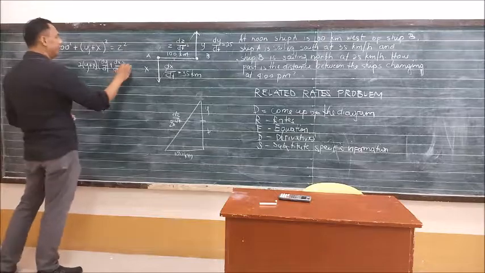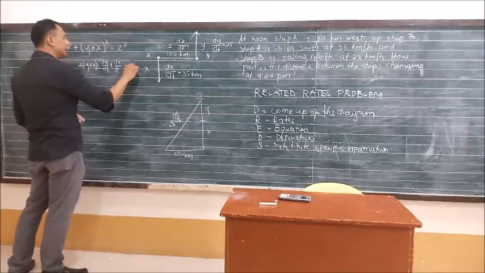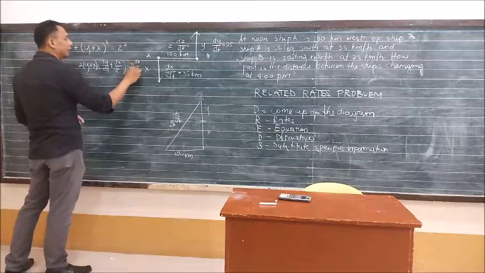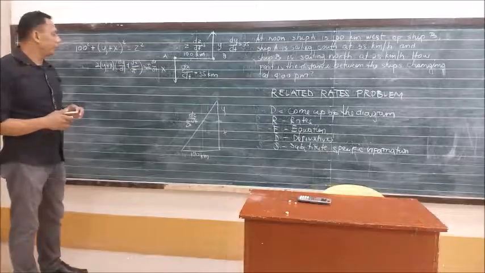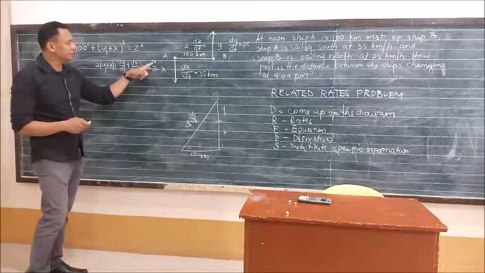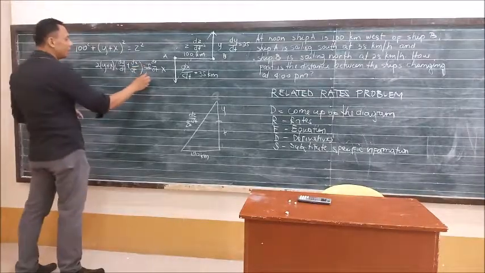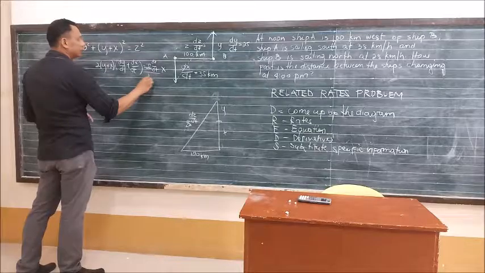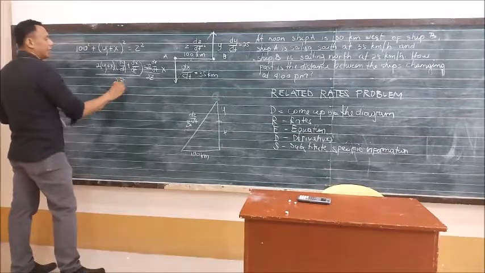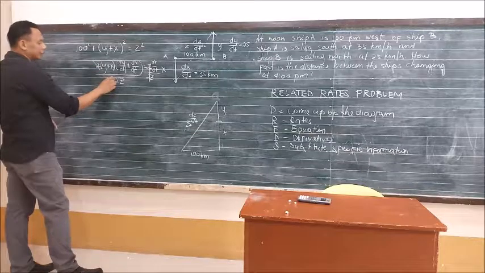And the derivative of z squared is 2z, again with respect to time, this is dz over dt. Because we are going to find the changing of distance, dz/dt, we isolate dz/dt by dividing both sides by 2z. The 2s cancel out.